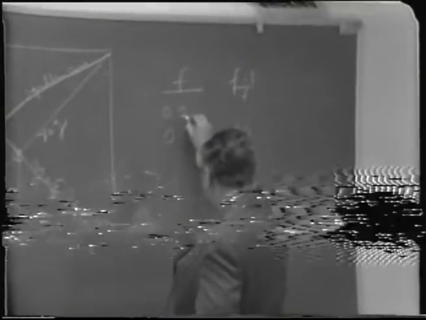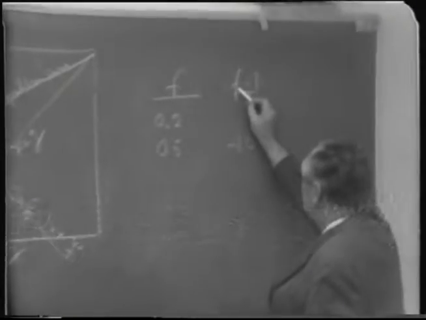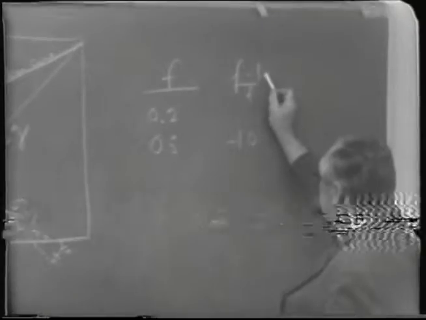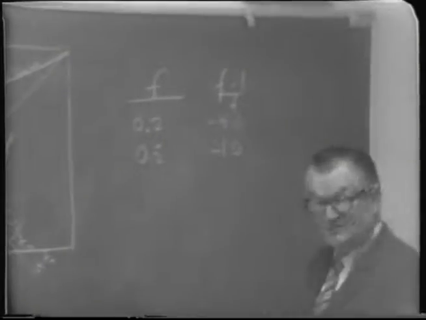If f was 2/10, 20% vaporized, well, what would we have? We'd have 2/10 minus 1, which is -8/10, divided by 2/10, it'd be -4.0, right?